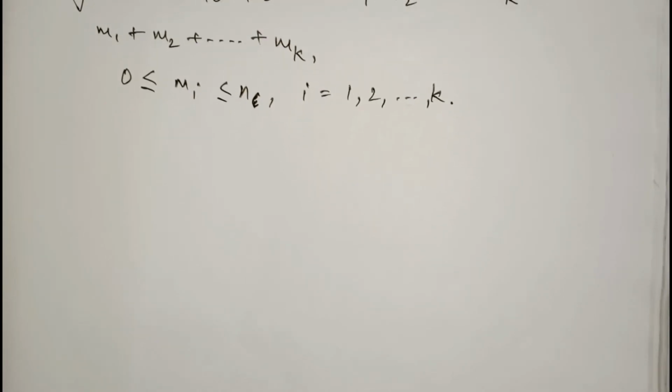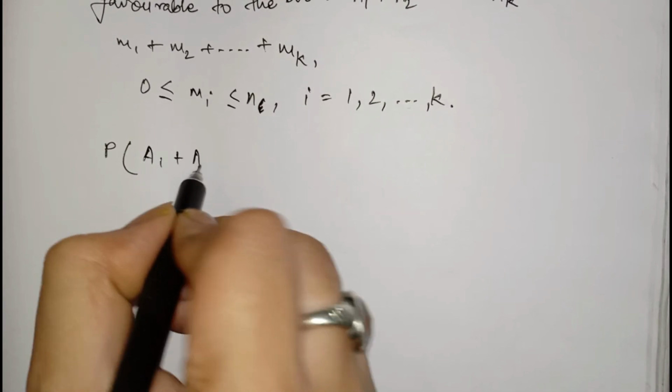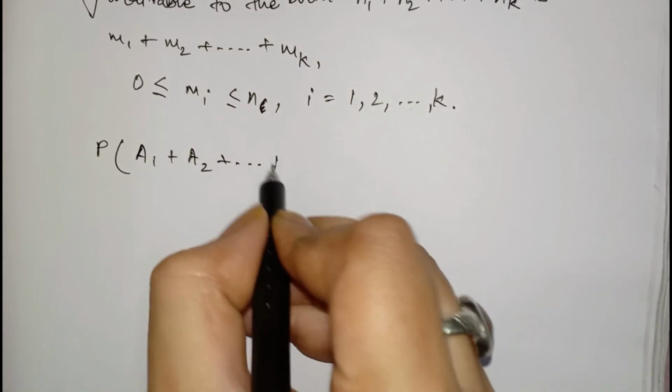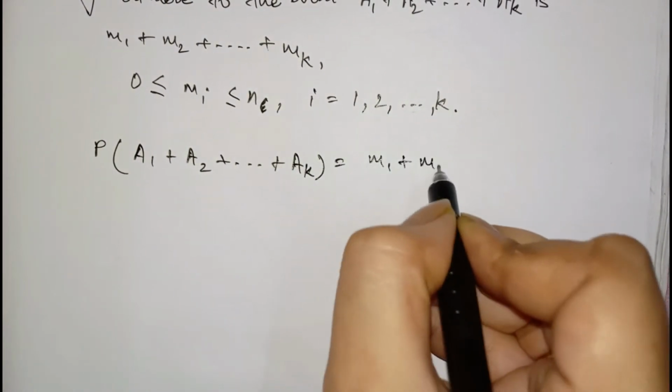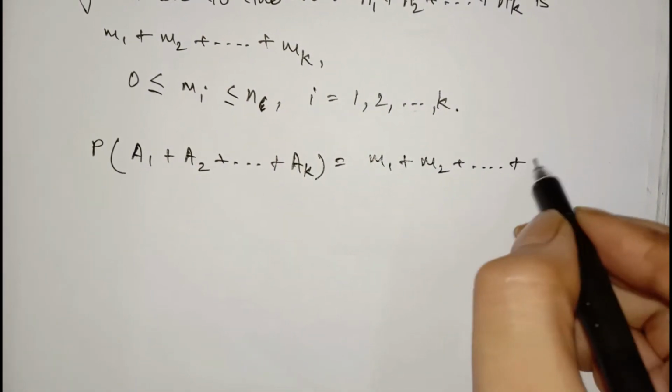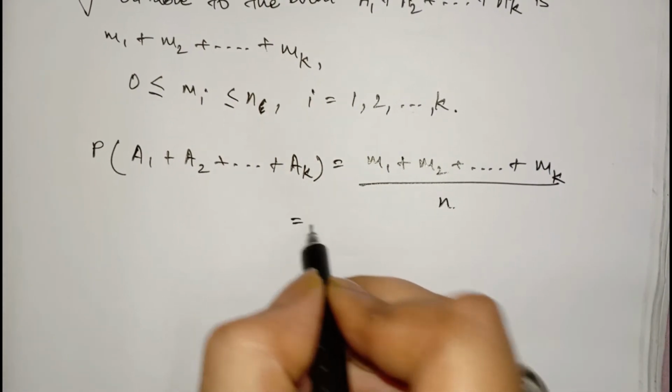Then by the definition that we have learned, P of A1 plus A2 till AK would be equal to M1 plus M2 plus this goes on till MK by n.